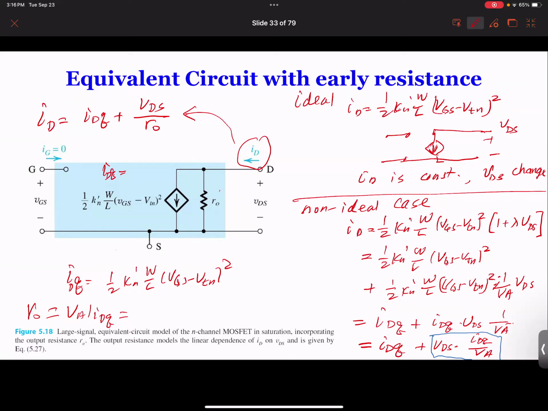By doing this, we can find out what operation we would get from this non-ideal situation of the circuit.